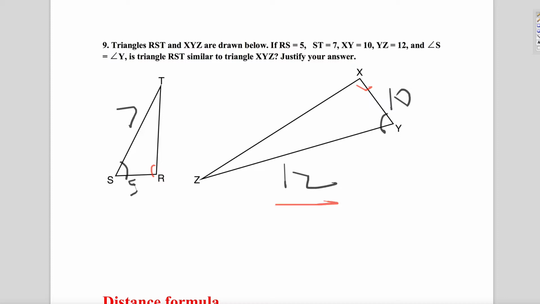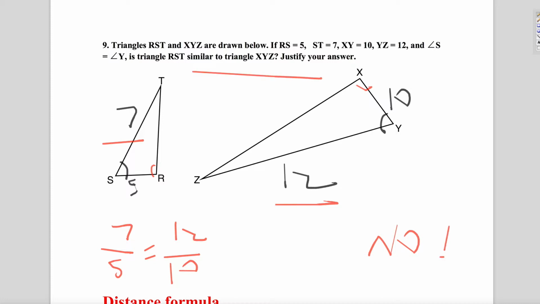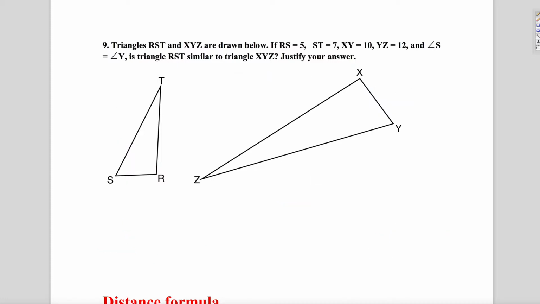So the 12 goes with the 7. So the rule would be maybe 7 over 5 equals 12 over 10. Cross multiply. And then, is this equal? No, it's not. So no, they're not similar, because if they were, the sides would be in proportion.